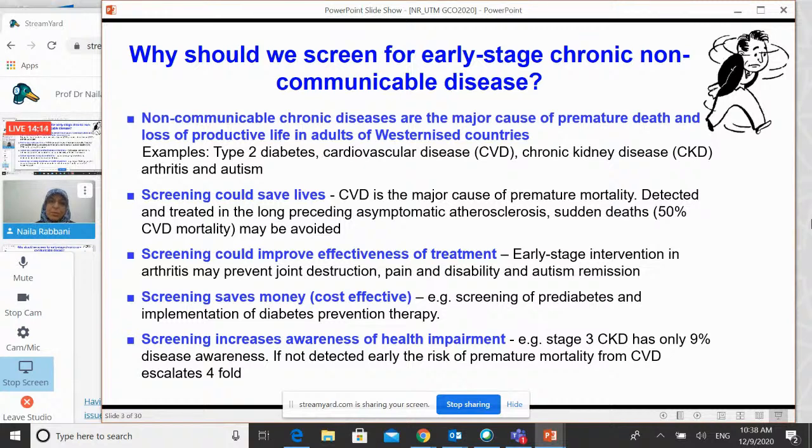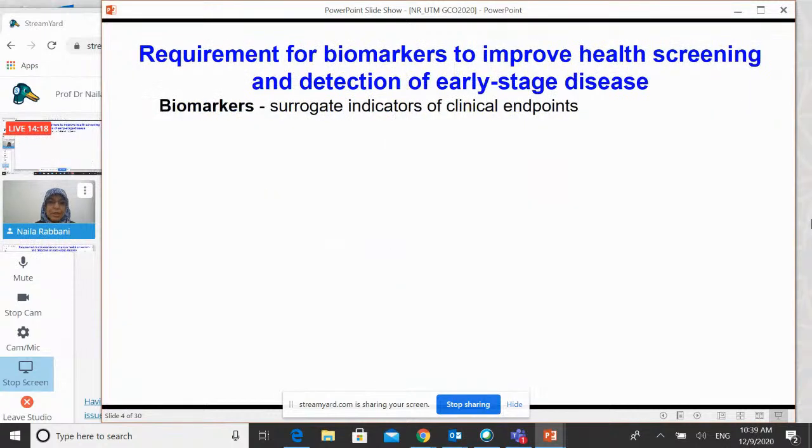So that's why it is important that we screen early stage chronic diseases. To do that, we need biomarkers. Biomarkers are important for improved health screening and detection of early stage diseases.